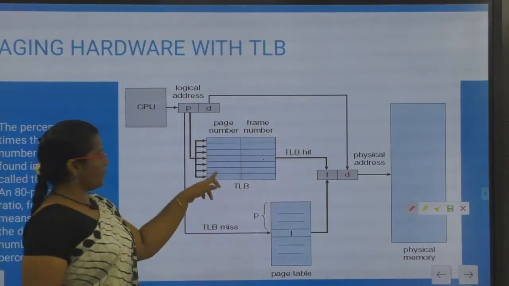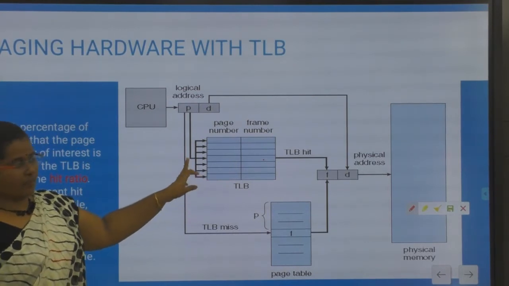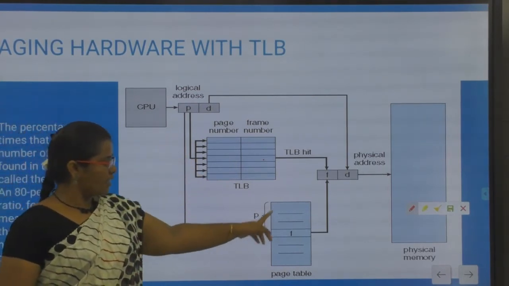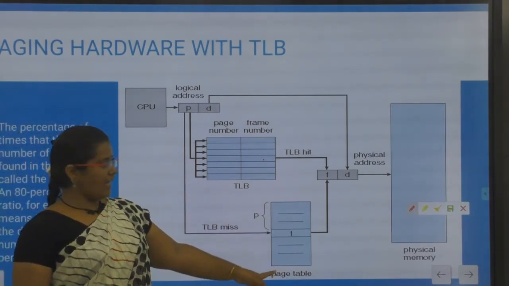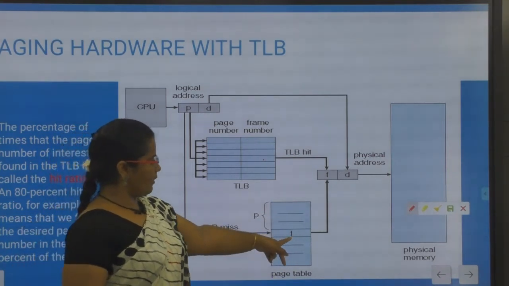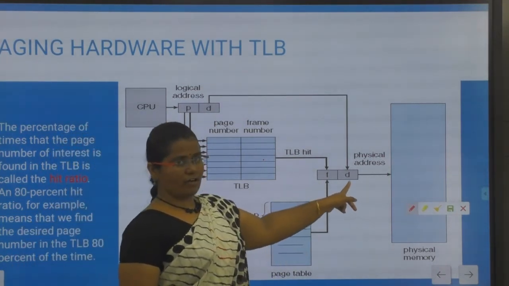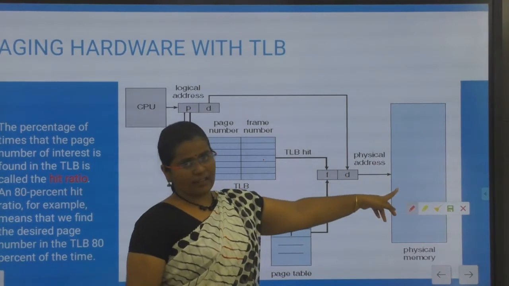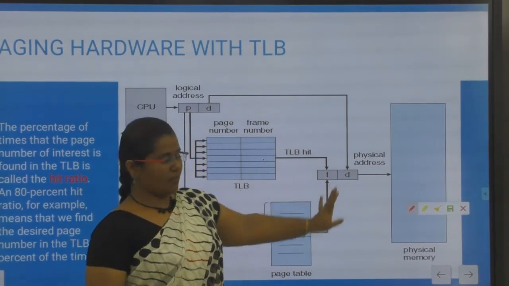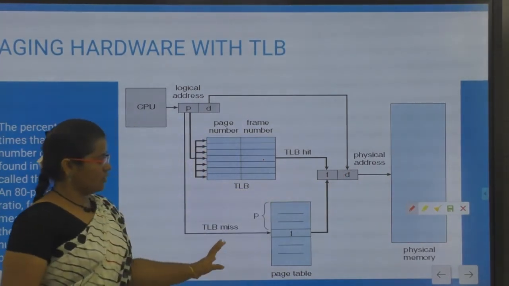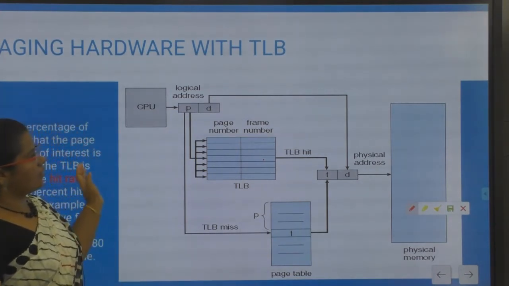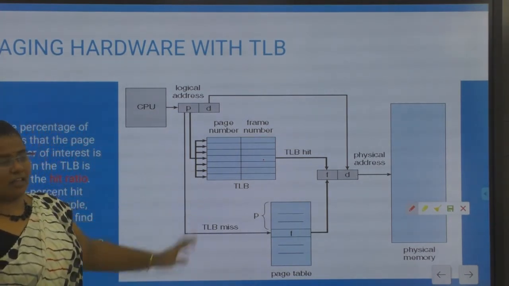If your page is not present in the TLB, that is, if a TLB miss happens, you will go to the page table and access it to get the frame number, and then add your offset to the base to get the address in main memory. This is the hardware setup with your TLB.